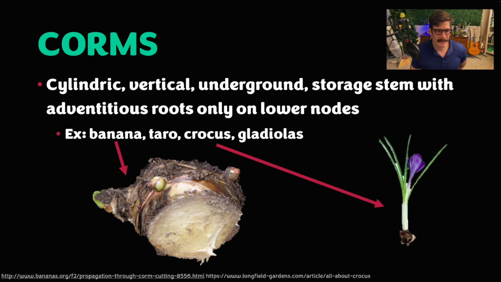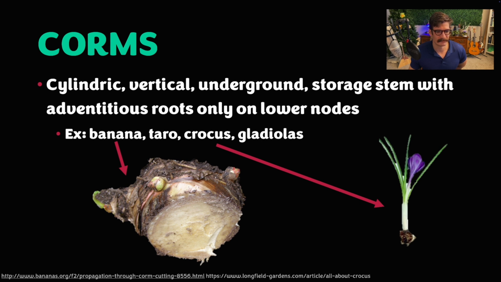Corms. So if you know bananas, or crocus, or gladiolus, or taro, or calla, they have a corm. A corm is a stem, or sunchoke, maybe it might be sunchokes too. I just don't know.